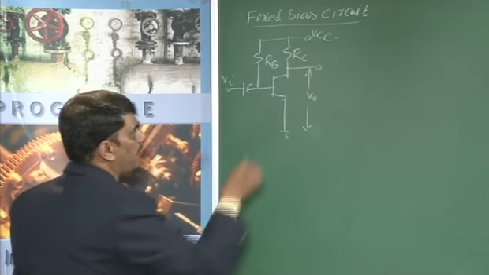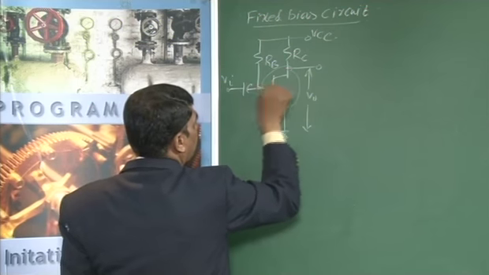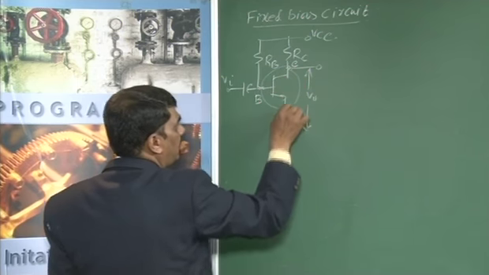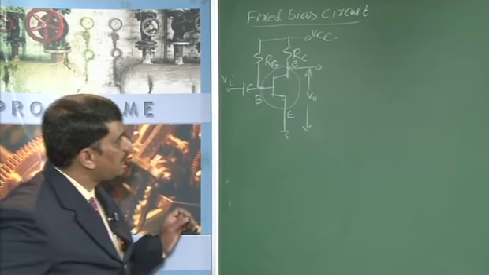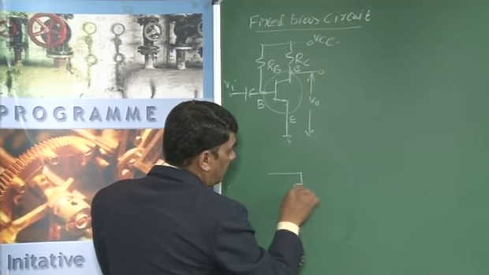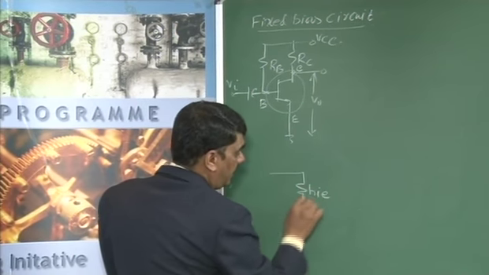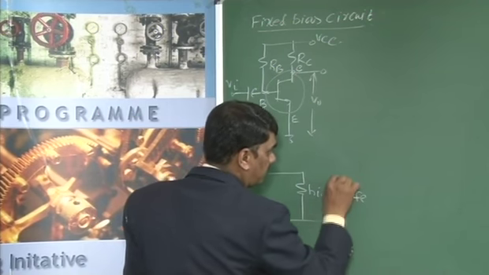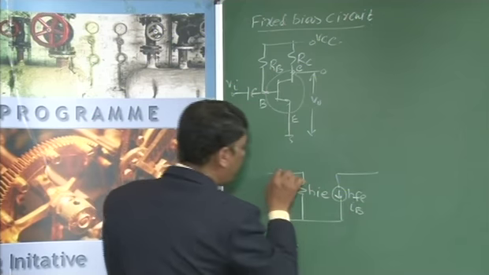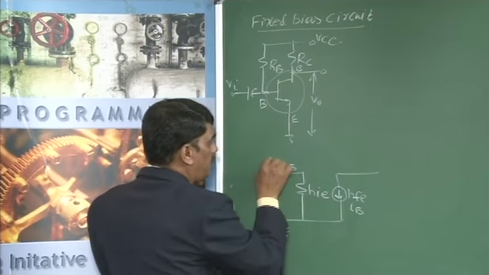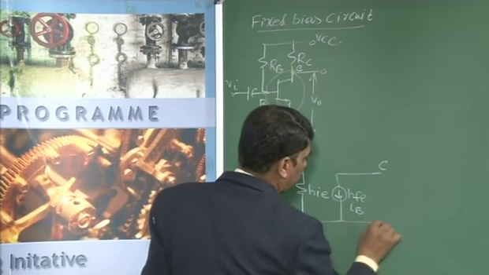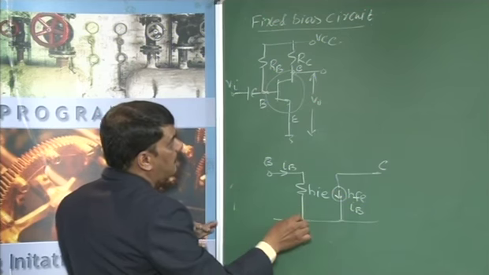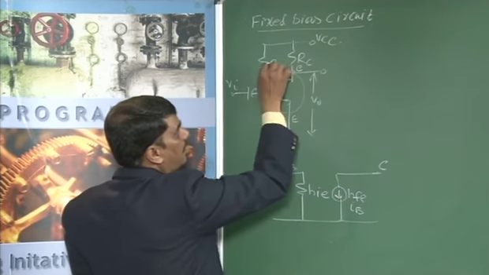For this circuit, you replace the transistor with its equivalent circuit, identifying the base, collector and emitter, and write the equivalent model: this is HIE, and the constant current source is HFE into IB, between base and collector. Then you transfer RC and RB into this circuit.